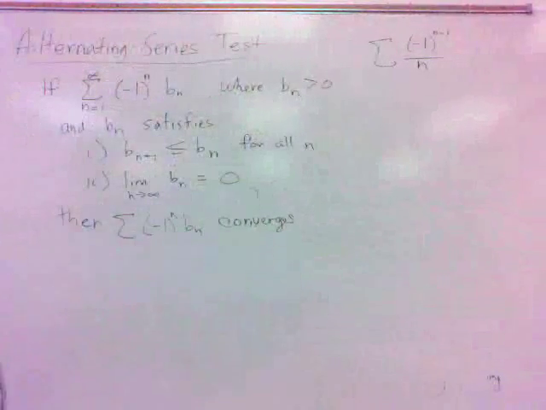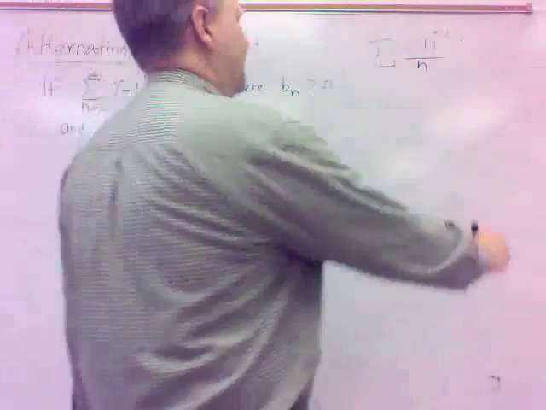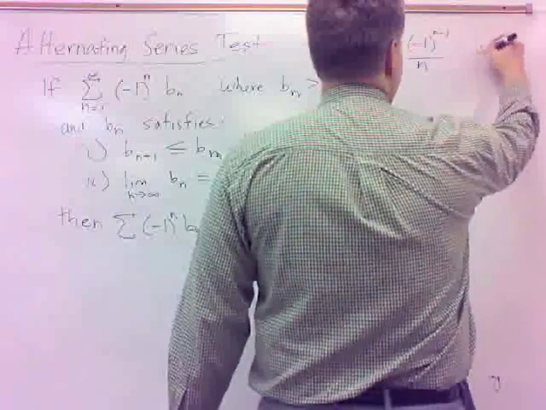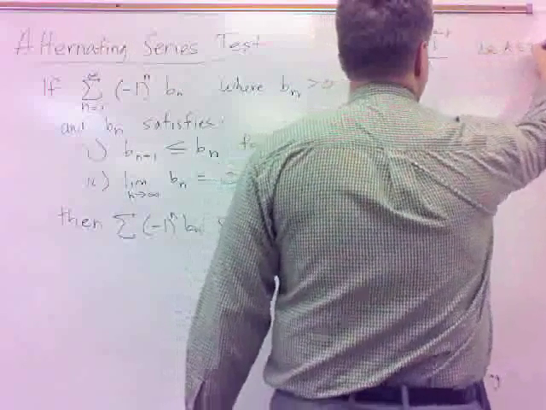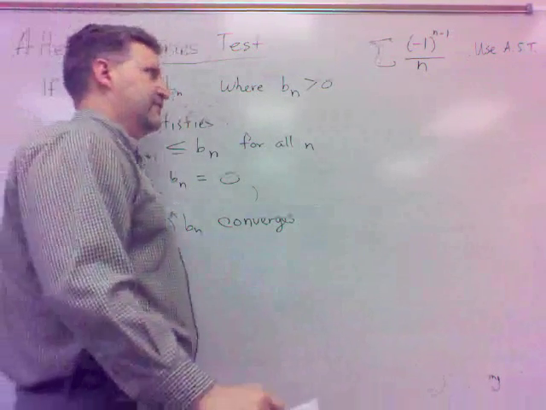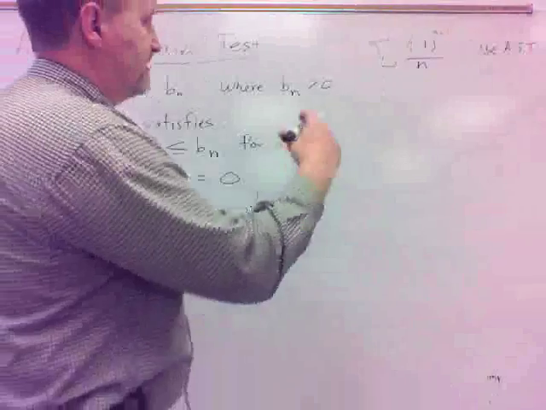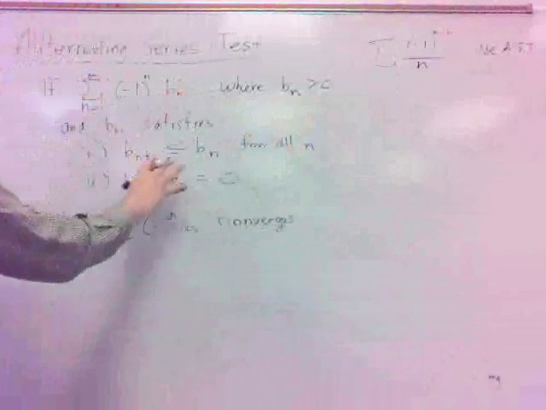Now, pretty obvious here what test I want to use on this, right? That's an alternating series. And so it's pretty obvious for these. It's not hard to tell that the alternating series test is the way to go. If you have an alternating series, you're probably going to use the alternating series test to tell whether it converges or diverges.